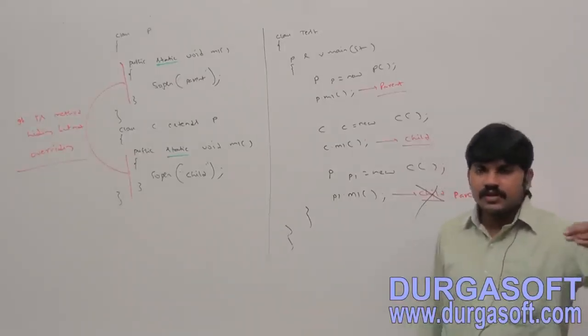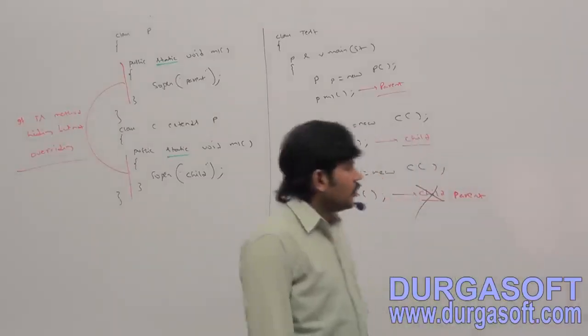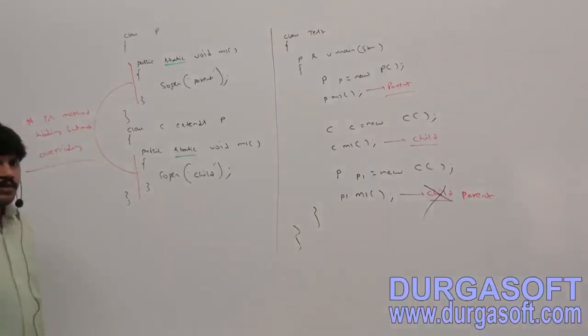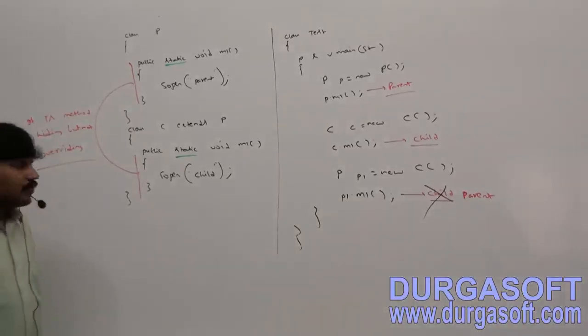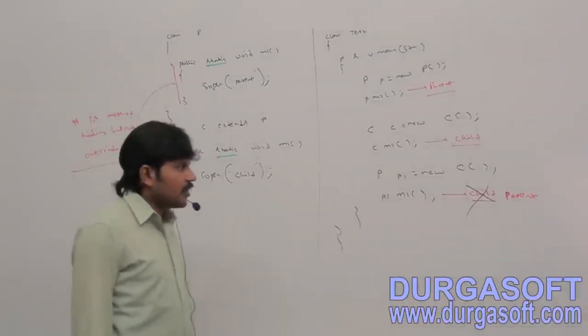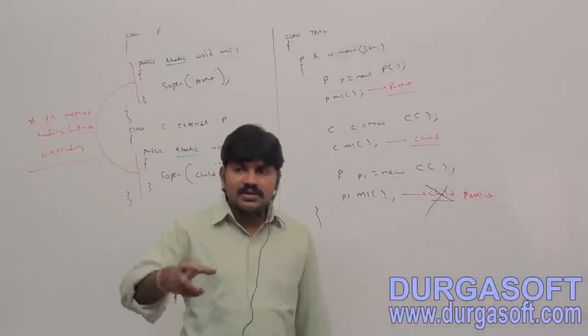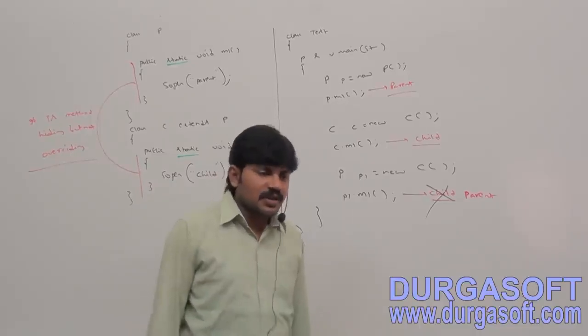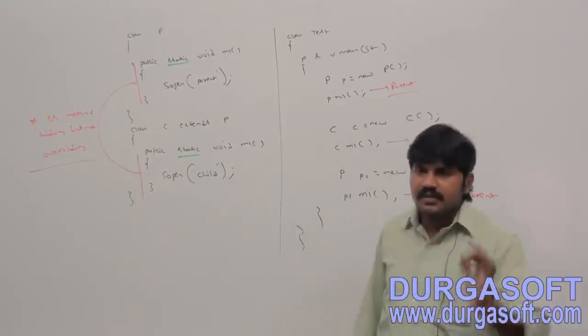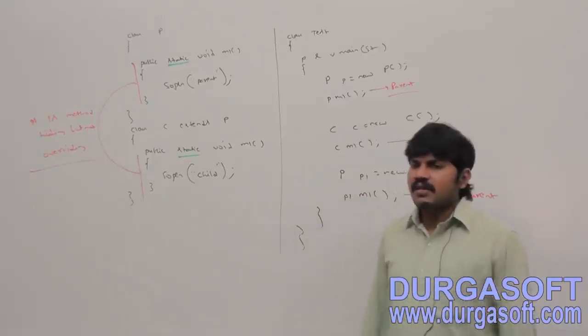Okay. Next, add one theoretical point. If both the parent and child class methods are non-static, then it will become what?